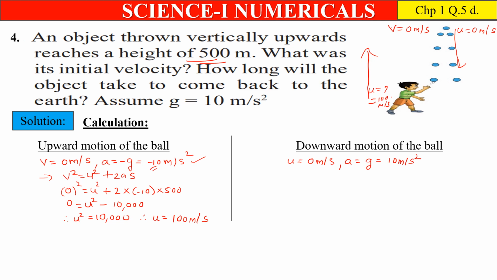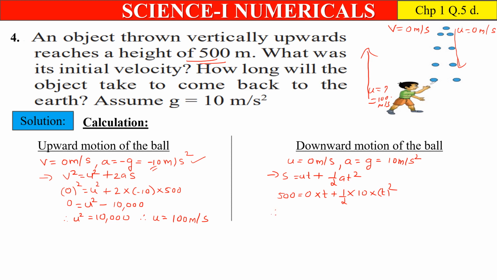Yes. So we know the formula. The formula is s is equal to ut plus half at square. So the value of s we know it is 500. Initial velocity we got as 0 into time, which we don't know, plus half into acceleration. Here it is 10 and time it is t square.